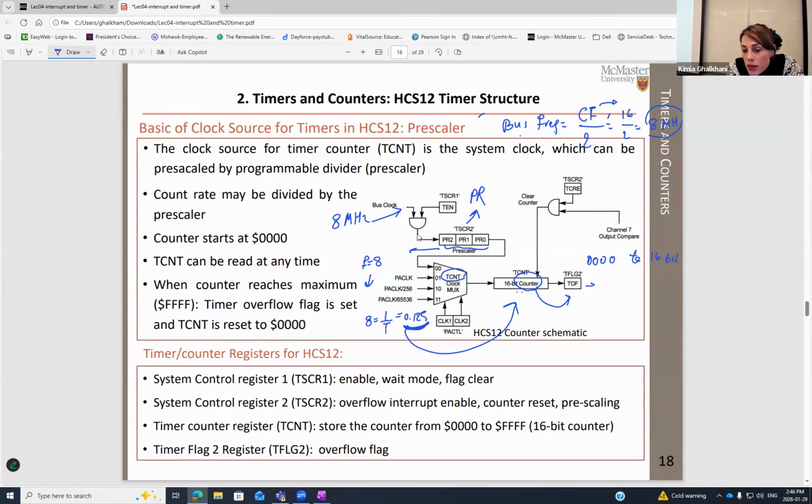This flag is flagging the timer overflow each time. And it will reset and start over from 0000 again. So any time it goes from 0000 to 16 bits, this will overflow the timer again. And again, it will reset to 0000 to start from the same thing.